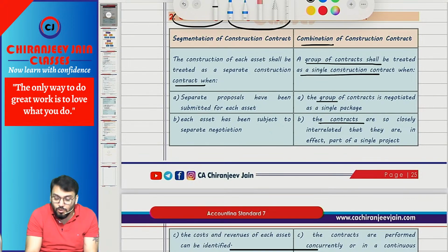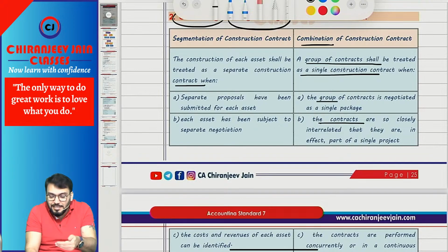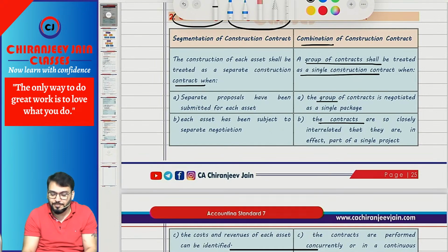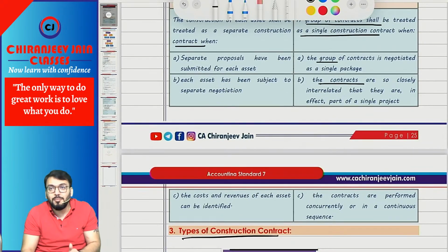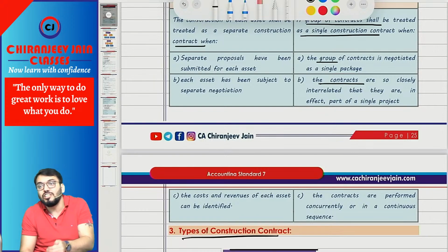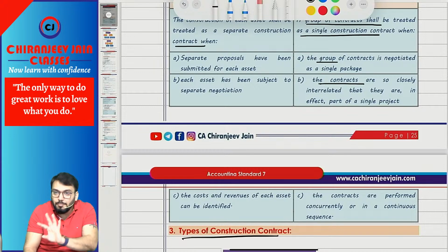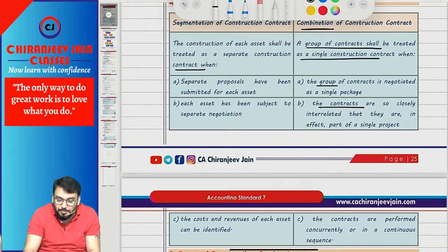The contracts are so closely interrelated or interdependent that they are part of a single project only. The contracts are performed either concurrently or in a continuous sequence, meaning they are performed together. So it means it can be combined. Understood?